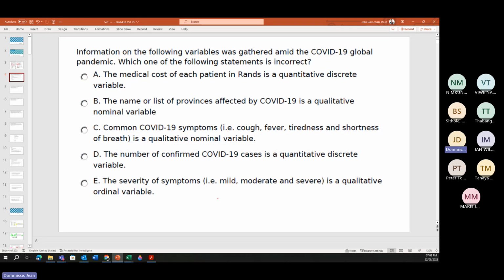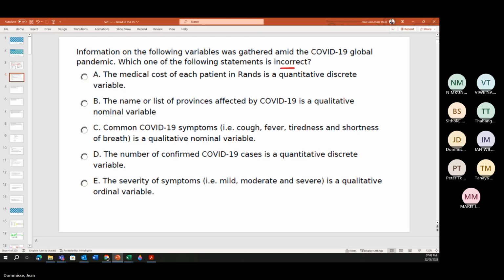The second question, you can see this was from COVID time, so a lot of the questions during 2020 and 2021 were COVID related questions. So here they said, okay, information on the following variables was gathered amid the COVID-19 global pandemic. Which of the following statements is incorrect?